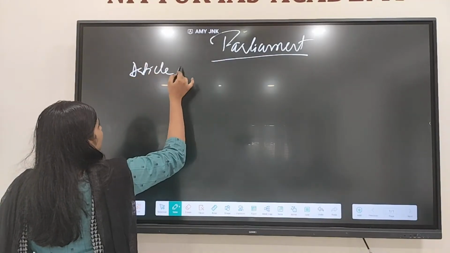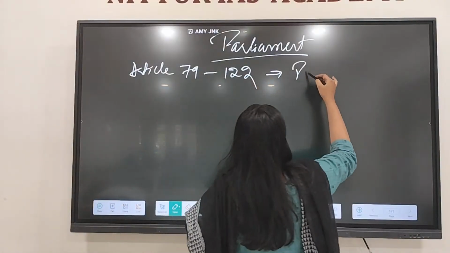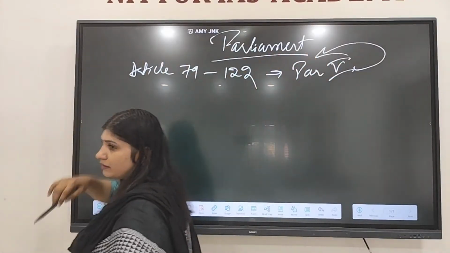Articles 79 to 122 of Part 5 deal with Parliament.